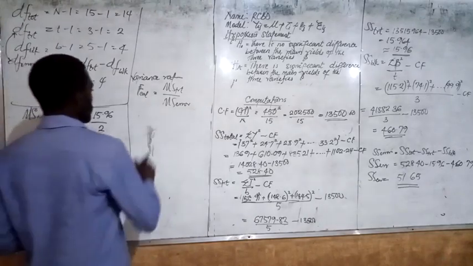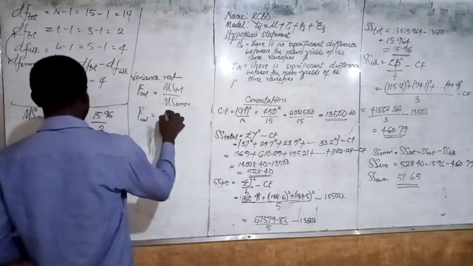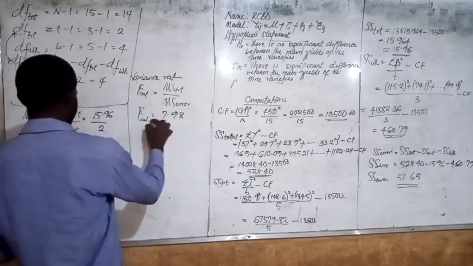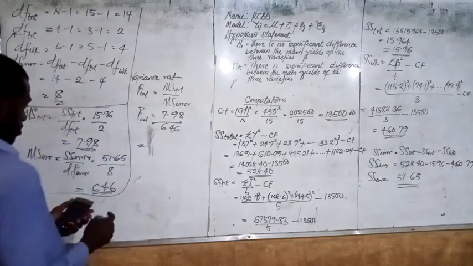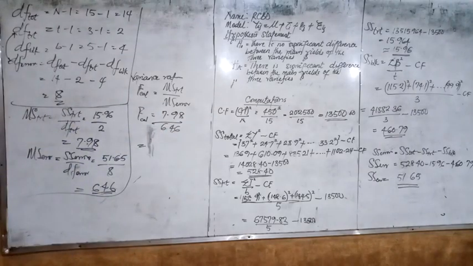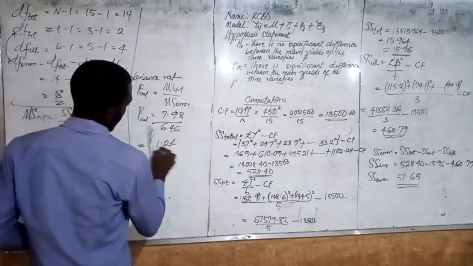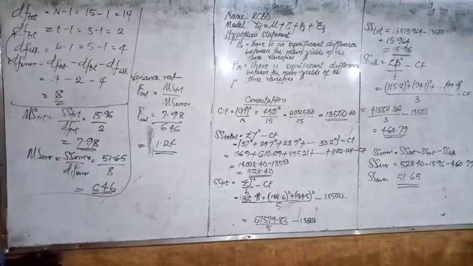So F calculated is equal to MS treatment, 7.98, over MS error, 6.46. At the end of that, we are going to get 1.24 as the F calculated.